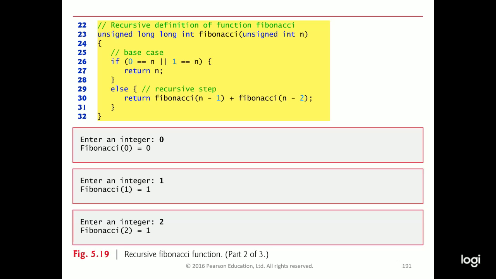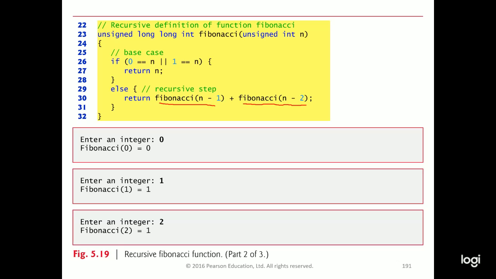On the Fibonacci function, what we have is it returns 0 or 1 if n is equal to either 0 or 1, right? Otherwise, what does it do? Well, it issues a call to Fibonacci itself.